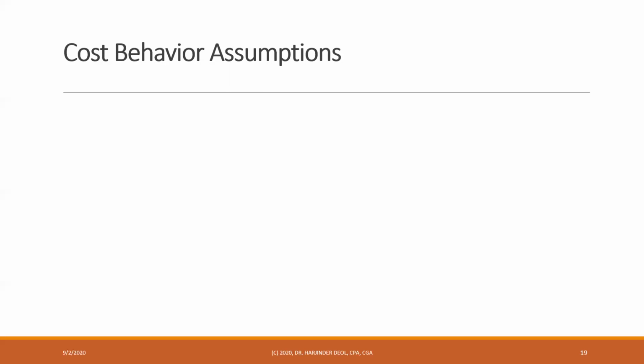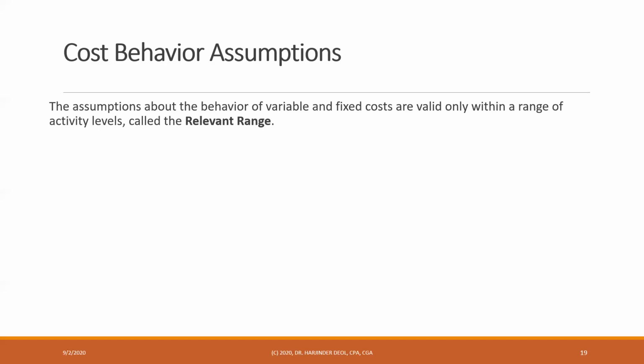Now, with regards to cost behavior assumptions, these assumptions are about how costs behave in response to changes in an activity level or production volume. So these assumptions that we make that a variable cost will remain constant per unit, but changes in total in response to changes in production levels, or fixed costs remain constant in total dollar terms.